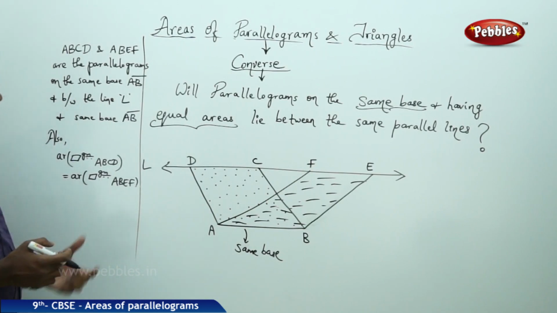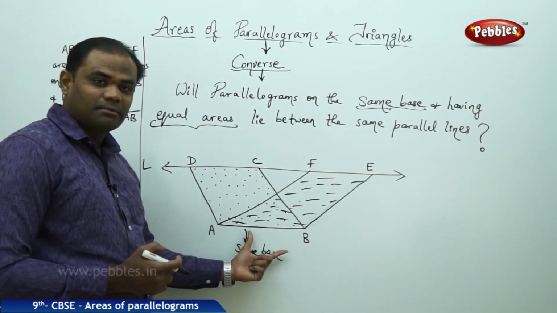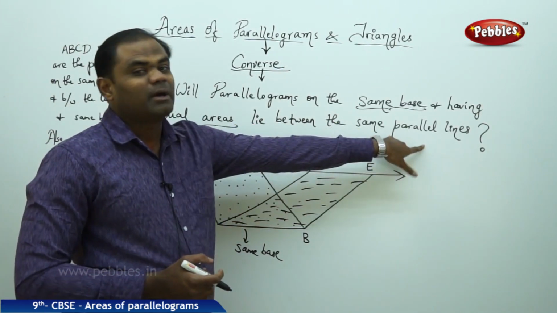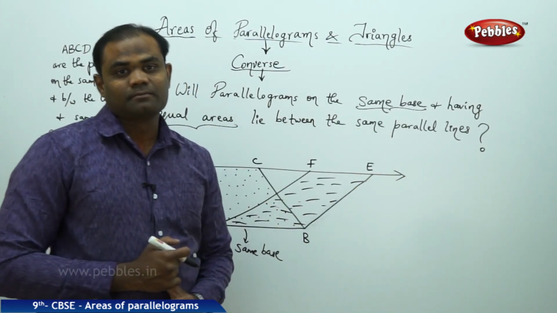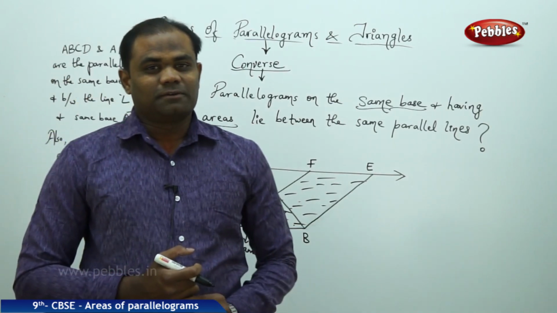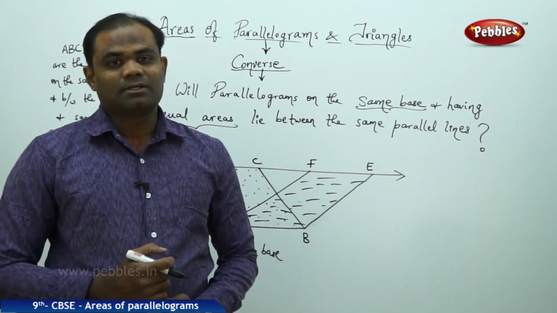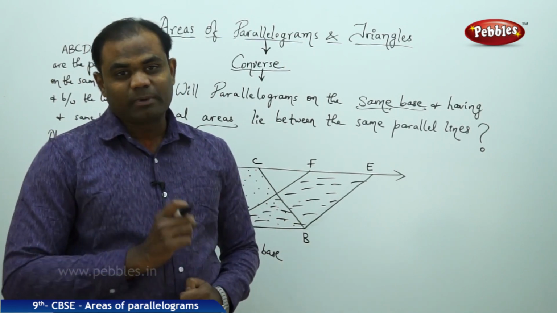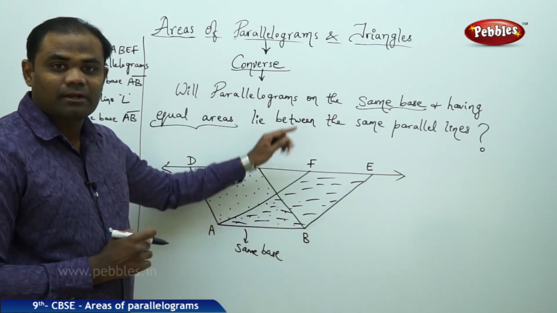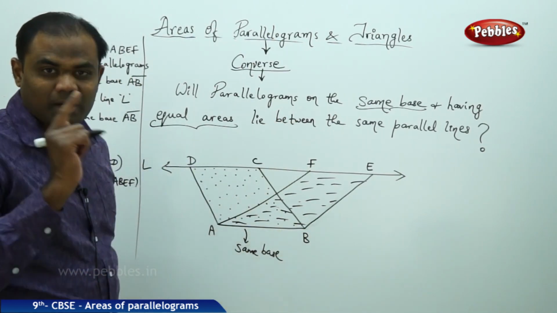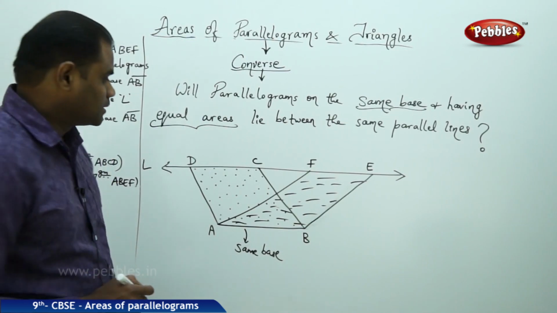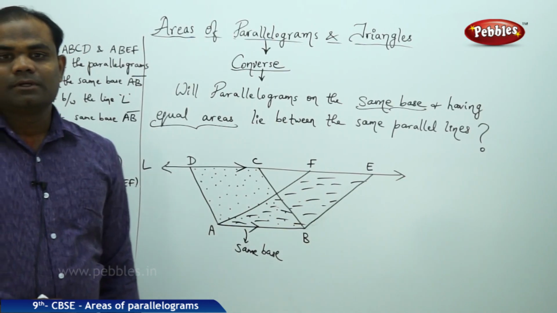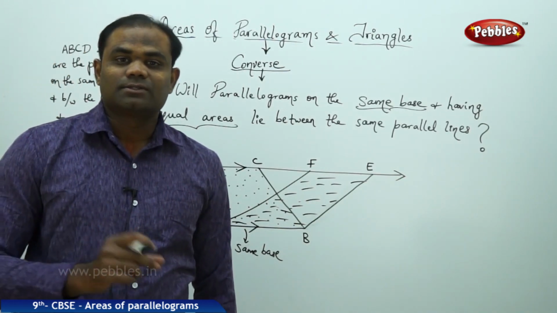Now, in such a case of two parallelograms lying on the same base and with equal areas, will the lines be parallel? That is the question out here. The converse of the theorem clearly says, as supported by mathematics, that they must be parallel. Two parallelograms lying on the same base and having equal area must be between parallel lines. That is, this must be equal to this. This is how we understand the converse of the theorem.